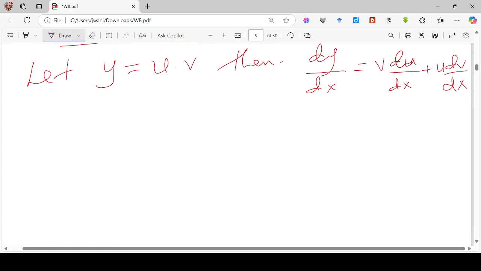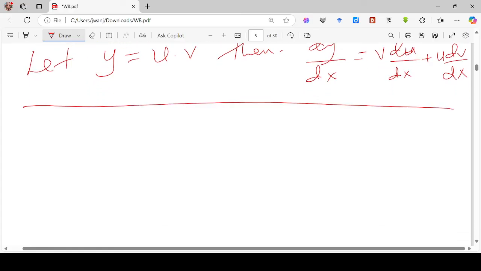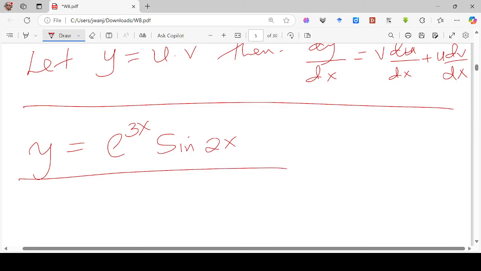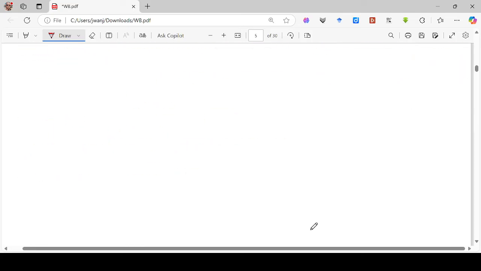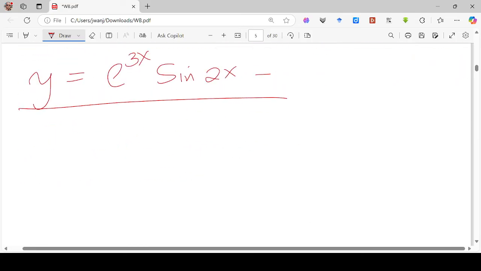You are given a function y equals, say, e raised to power 3x multiplying sine of 2x. And the problem is to find dy dx. So this is a product. This one can be expressed as u times v.